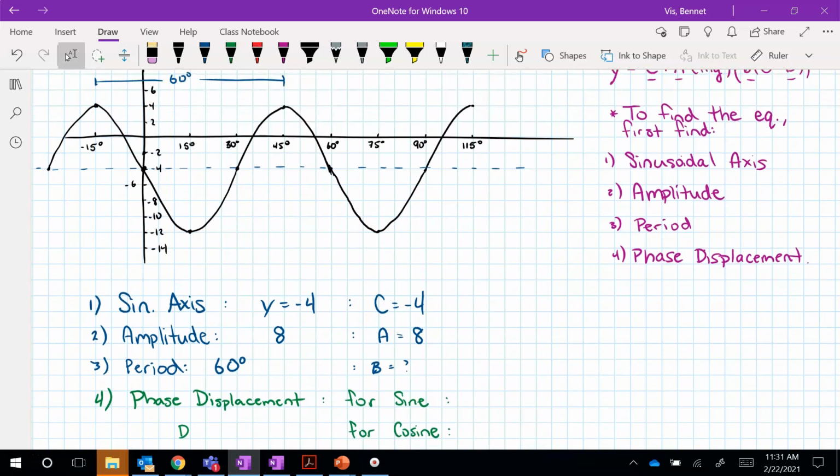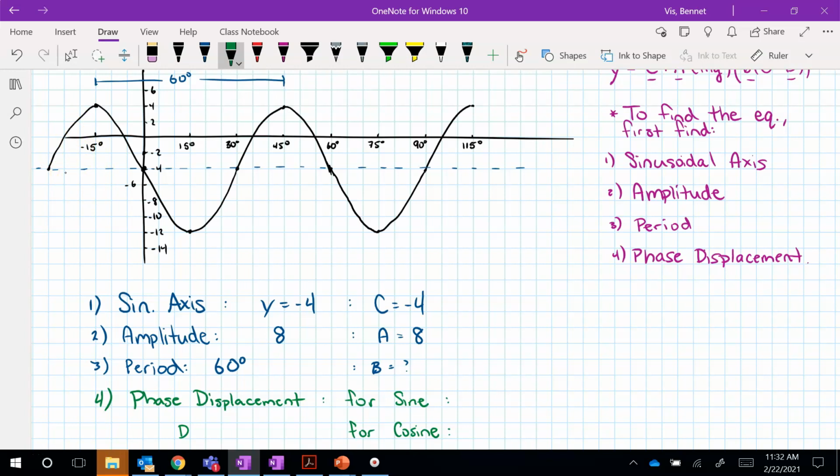So for my sine function, the phase displacement is always starting at the midline on its way up. A normal sine function, if you graph the parent sine function, starts at 0, 0, and then as the angle increases, it starts to go up from there. So I have that parent sine function that's increasing. I want to find one that's at the midline going up for my phase displacement, and I have two different locations for that.